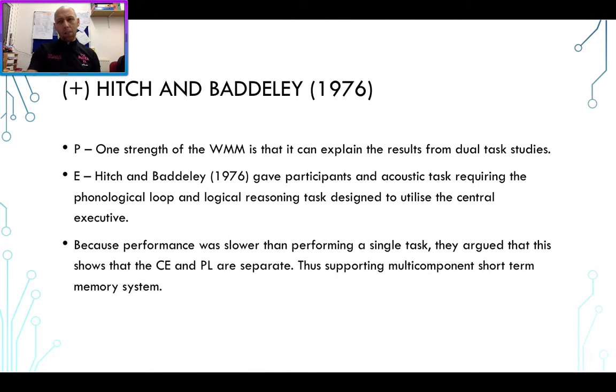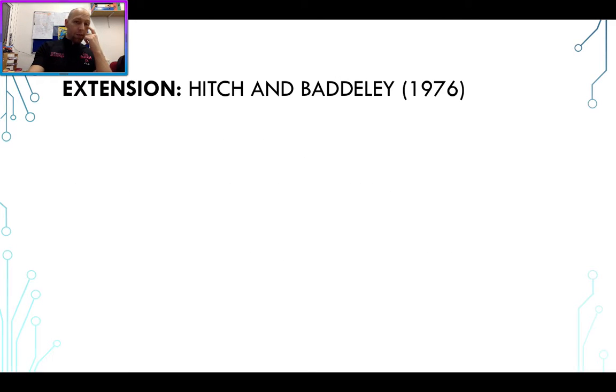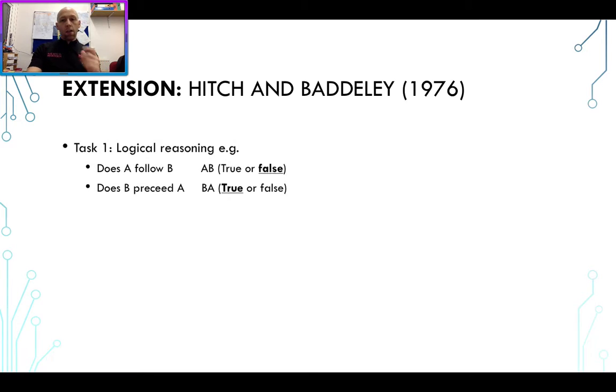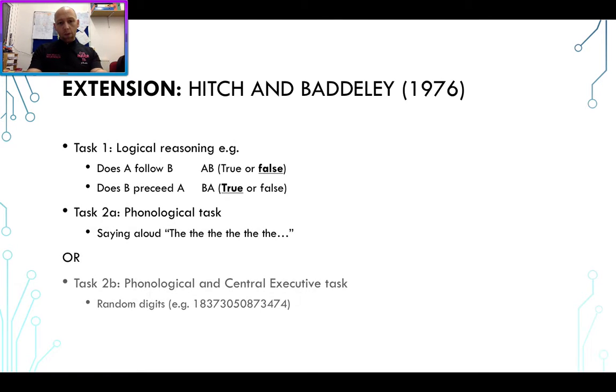Now that's a problem, because it suggests that if performance remained the same, then all the process would be taking place in the same store. But instead, part of the process was taking place in the central executive and the other part in the phonological loop.